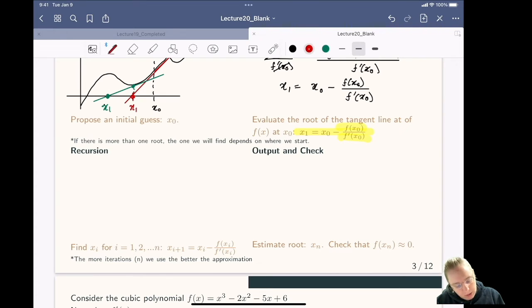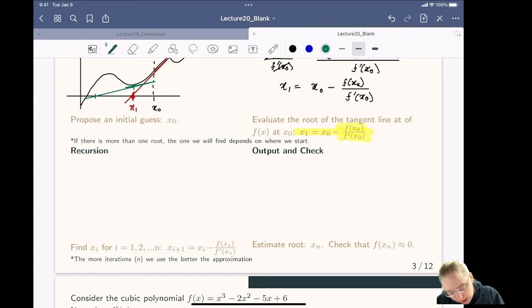Now we want to take x1 and ask, what is the tangent line at x1? The tangent line at x1 comes way out here. Actually, let's just redo this just a little bit. So things like that can happen. Let's just redraw this tangent line just a little bit to make our drawing simpler.